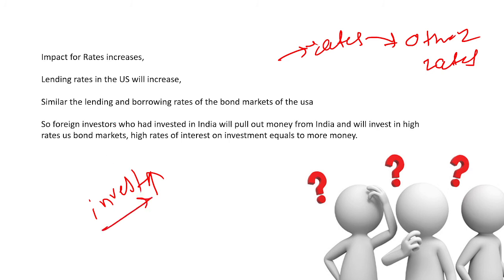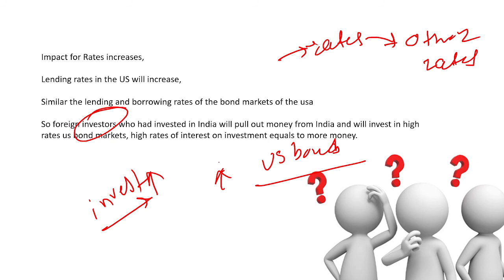So all the foreign investors will take the money out of India or all the other economies, and they'll invest all that money into the US bond market, right? Because everyone wants a high interest rate on their investment, right?